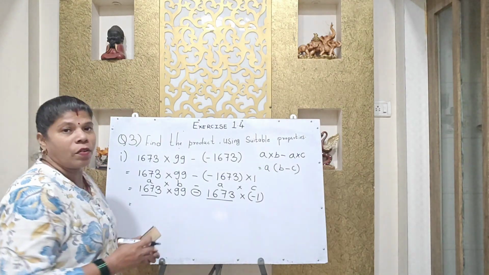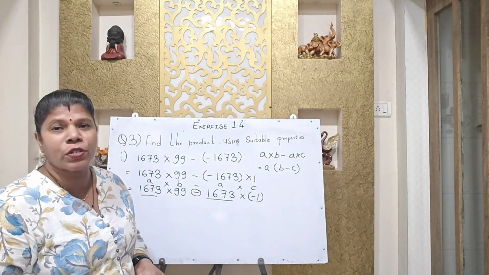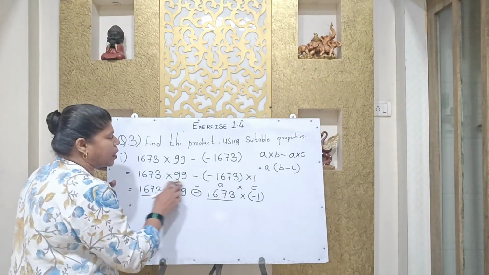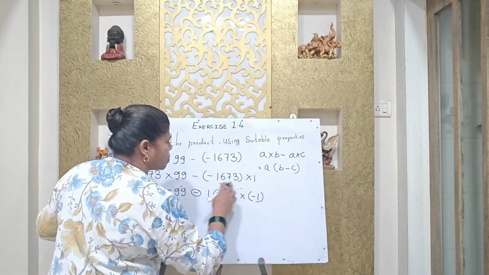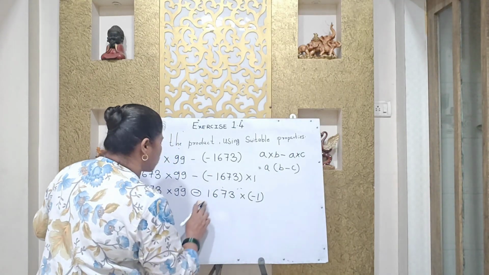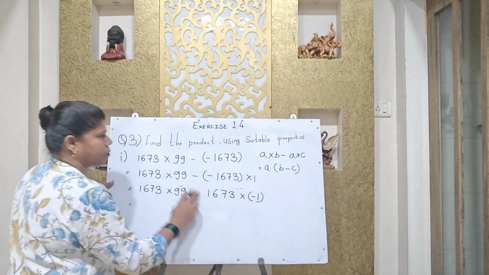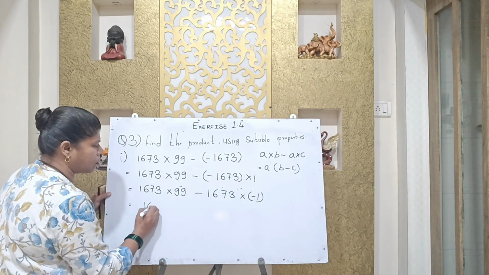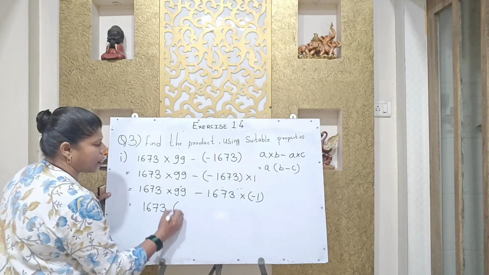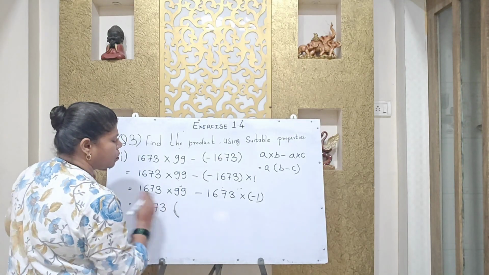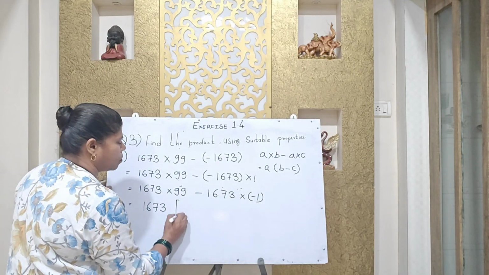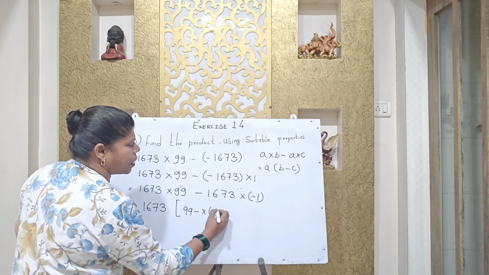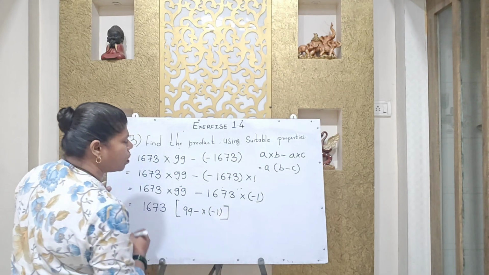Okay, so we know that now we have to use the distributive property of the multiplication over subtraction. So just take out the common things. So 1673 is common. I just took that outside the bracket. Now 99, this minus sign multiplied by minus 1.